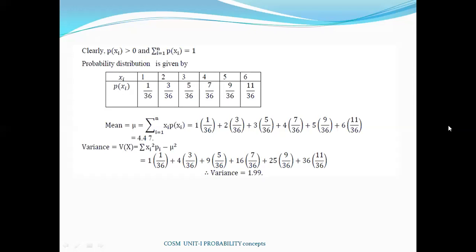And the variance formula is the sum from i equal to 1 to n of xi square into p of xi minus mu square.